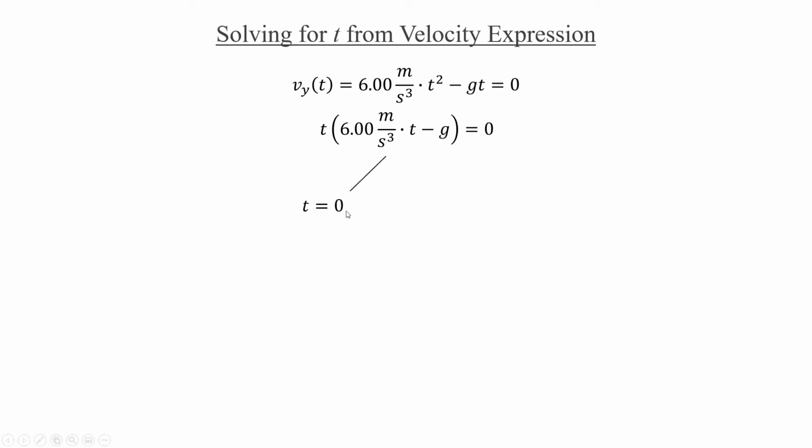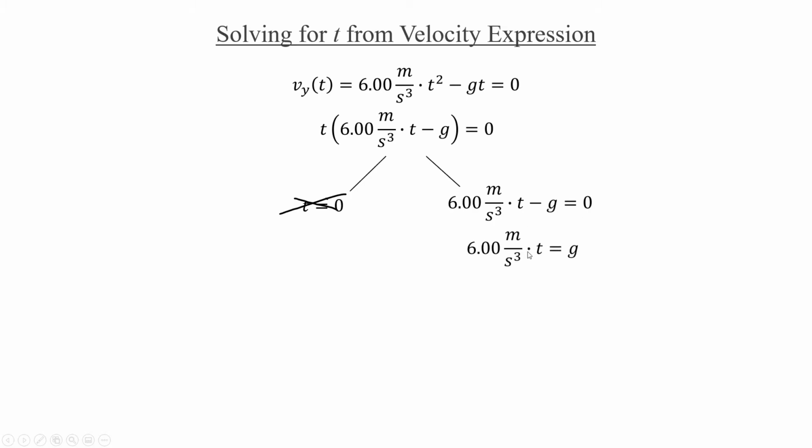We have this as a possibility, which we don't want because we're not interested in what happens at t equal to 0. We're interested in what happens later when the box turns around at some other positive time. So instead, we're going to take the inside portion of the parentheses and set that equal to 0.